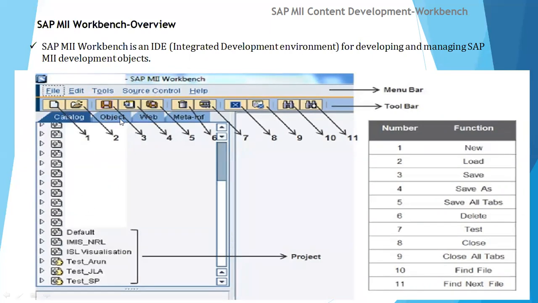If you click on object, you will see the ABC project in the object tab also, in the web tab also, and the meta-INF tab also. Creating a project on a server, the same project will be visible in all these four tabs.